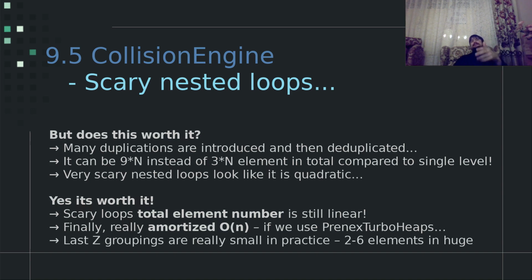And in practice, I just measured that for the Z level groupings, if we do X, Y, and Z groupings and subgroupings, in the smallest groups the number of elements in one single group is so small, it's like 2, many times it's 0, sometimes it's 6, and not more. So it's very little, and we have tens of thousands of elements that we are working with, and these small values are popping up.